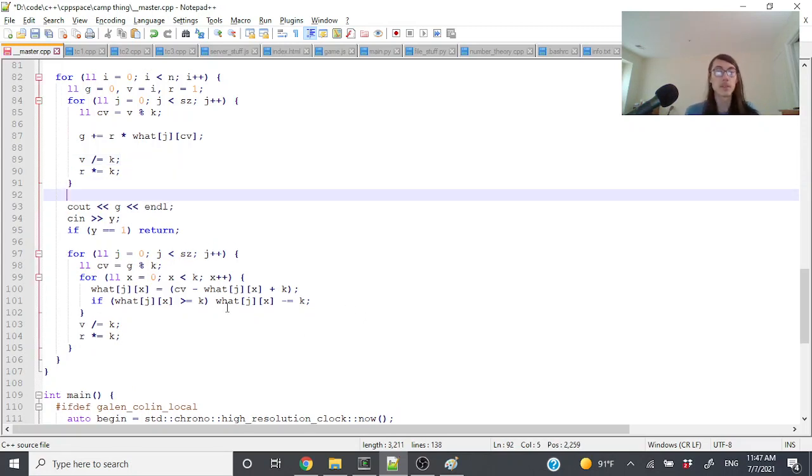So this part seems fine. Now for each thing up to size, take the current guess. This is how our guess affects us. The old password is x, now it's z. So z is y minus x, y being the guess.